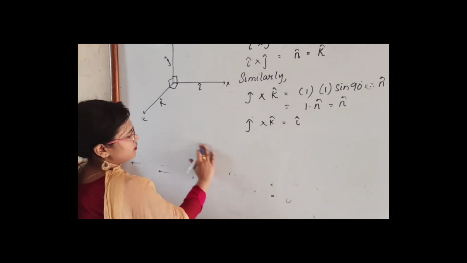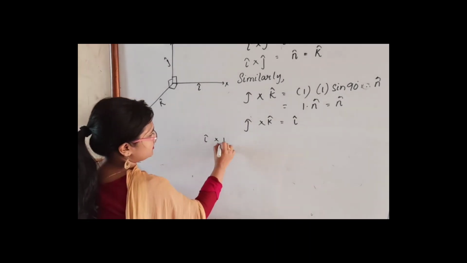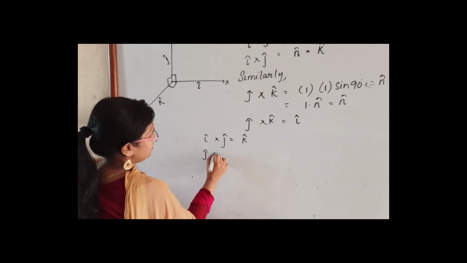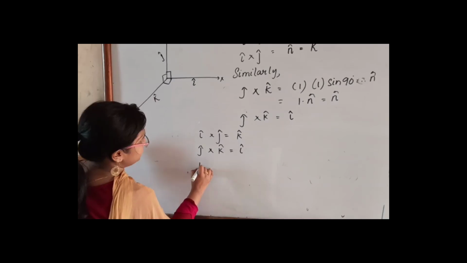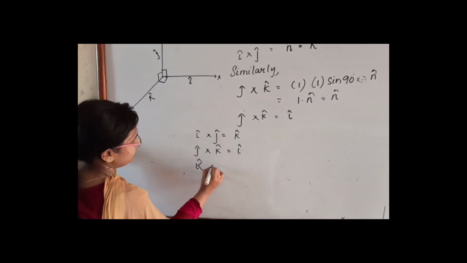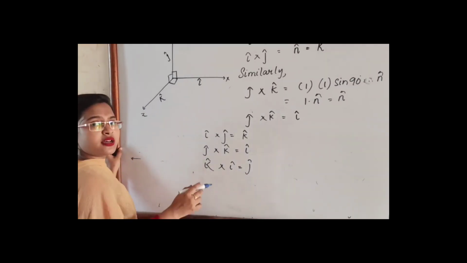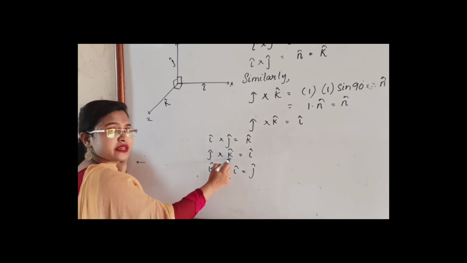Clear? So let us define: i cross j equals k cap, j cross k equals i cap. Similarly, k cross i equals j cap. In this case, the angle between them is 90 degrees. The angle between j cap and k cap is 90 degrees.